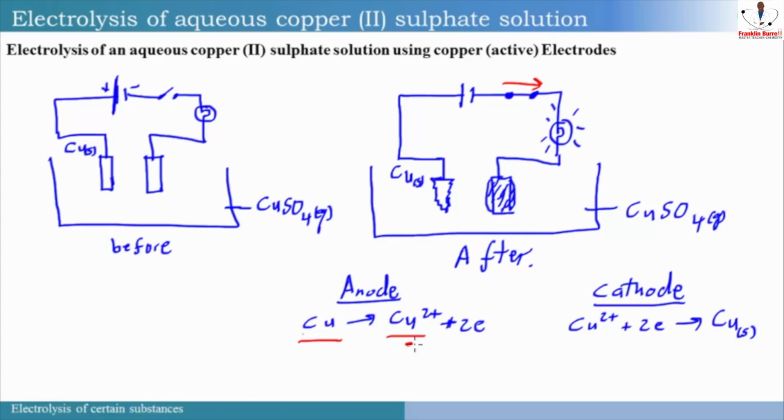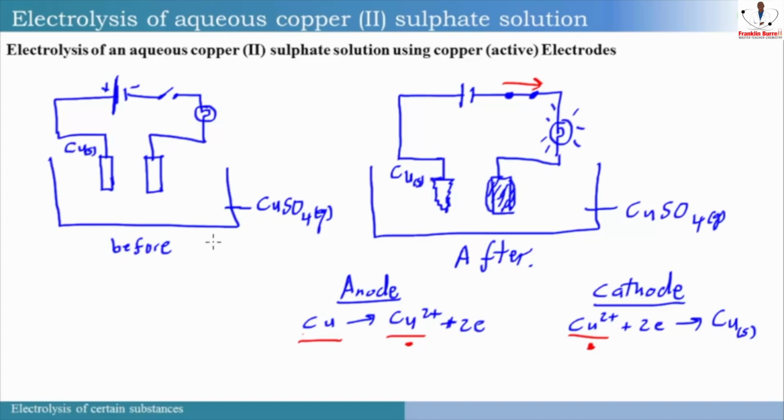And the copper ions that are dissolved into the copper sulfate electrolyte will be reduced and build up around the cathode to increase in size. So you should observe that the anode is breaking down while your cathode is building up. And this has implications for some of the industrial processes that we will look at after this topic.